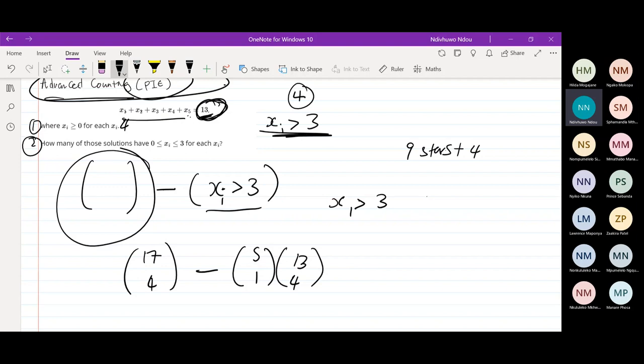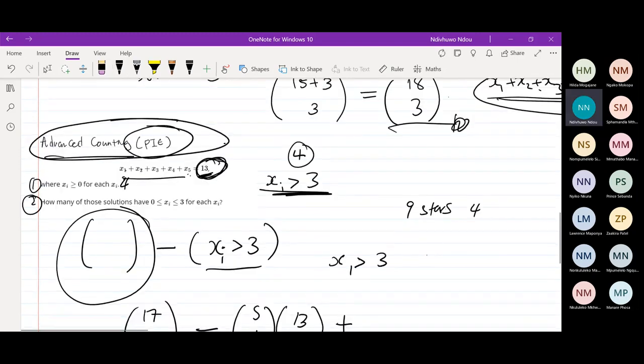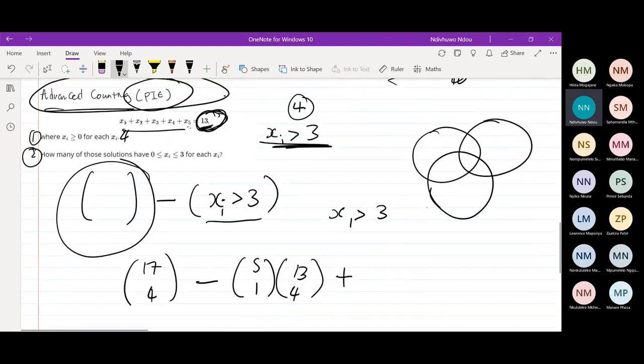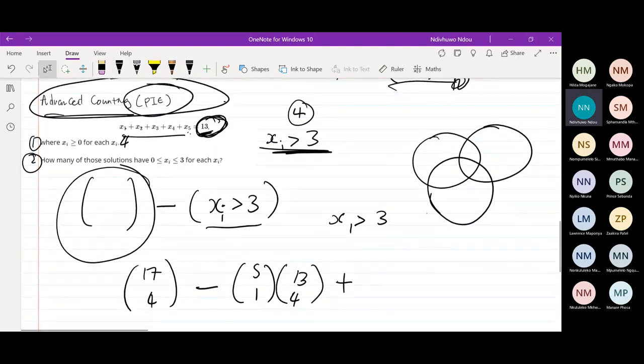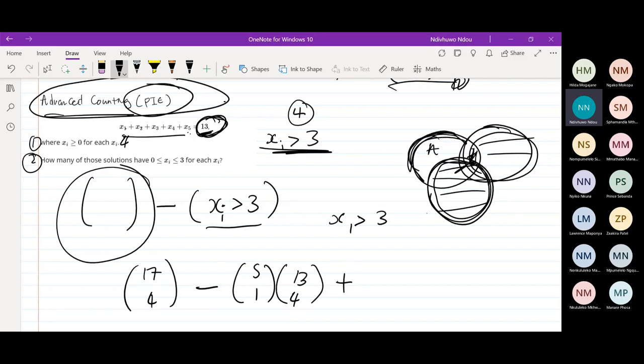Once we do this, we have subtracted too much. Then we need to add back, just like working with a Venn diagram. If you just subtract this Venn diagram and this Venn diagram, in the whole union of that, you realize that you have actually subtracted some of the things that fall under this diagram of A. Then you have subtracted too much.